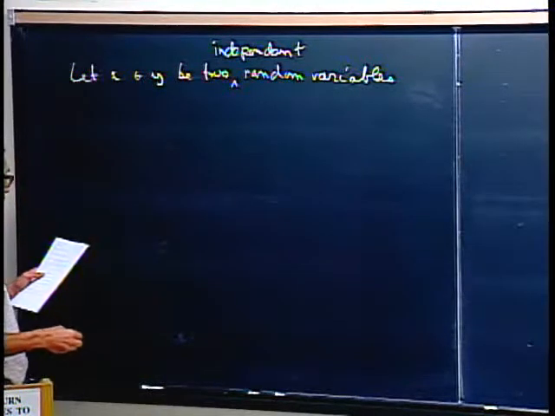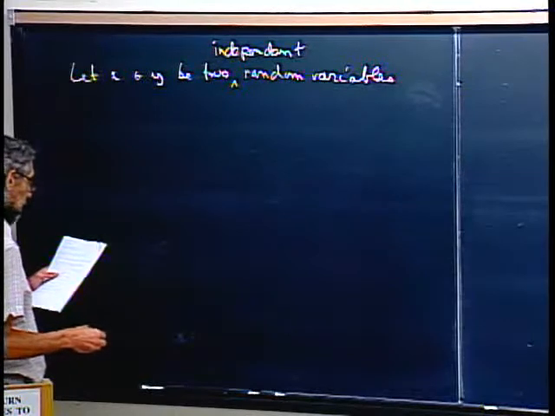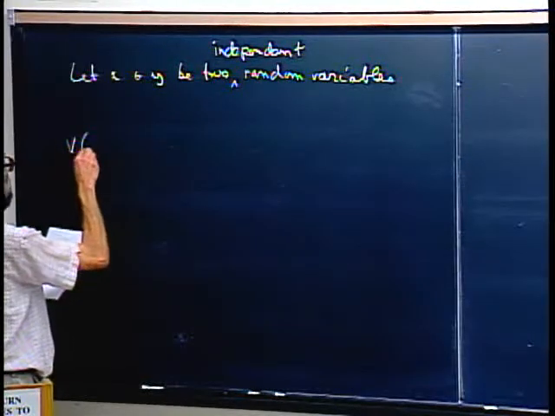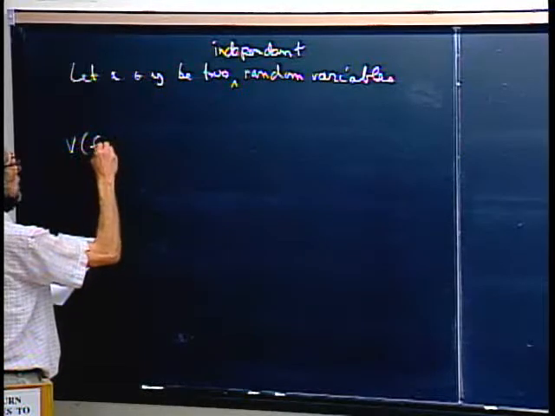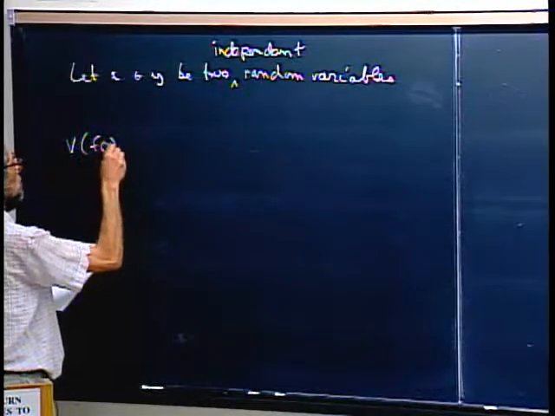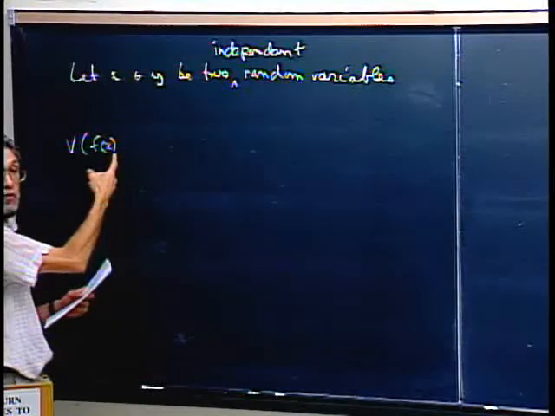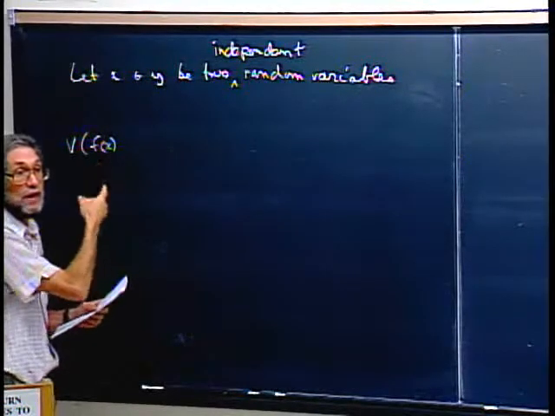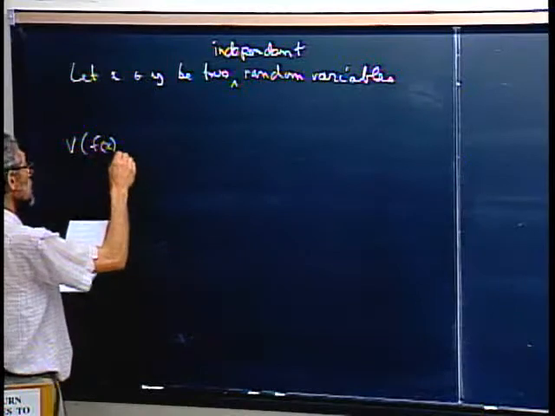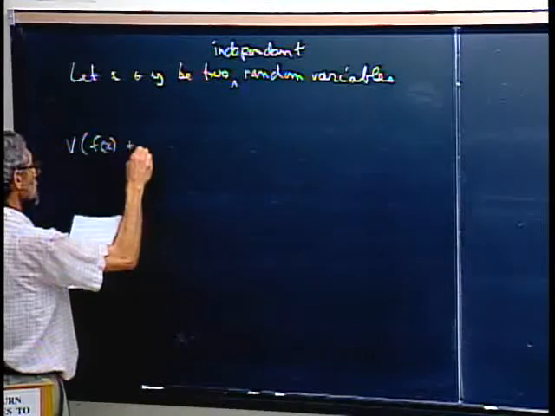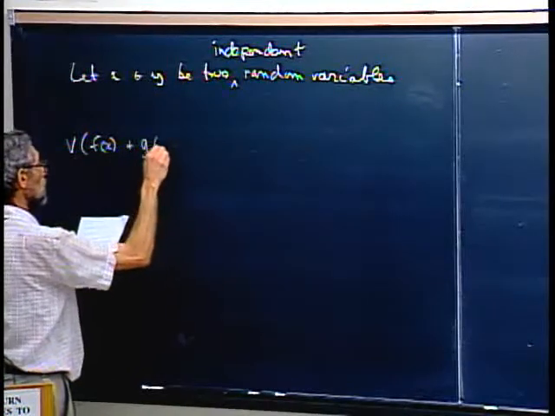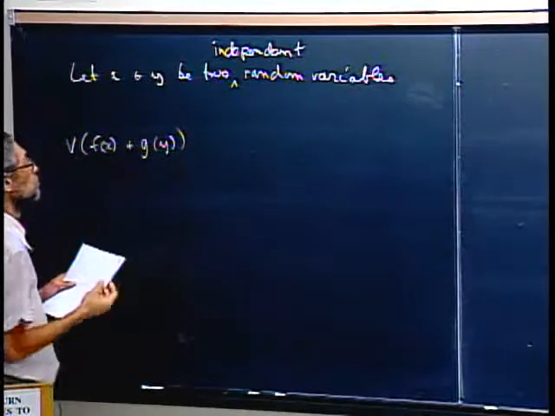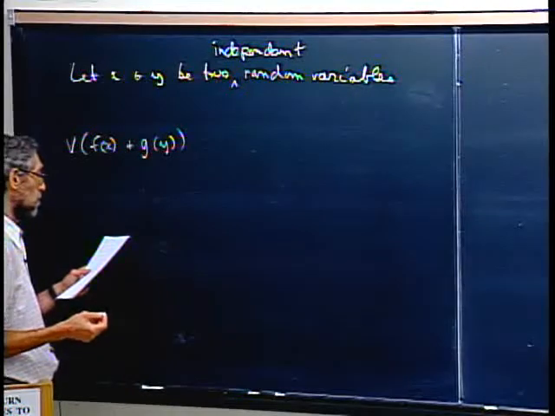And what we want to look at is the variance. I'm being a little more general than I was planning to last time, looking at a function of a random variable. Actually, a function of a random variable is just another random variable. But we'll keep this notation because lots of times we'll be using functions of variables. The variance of the sum of 2 random variables or 2 functions of 2 different random variables.